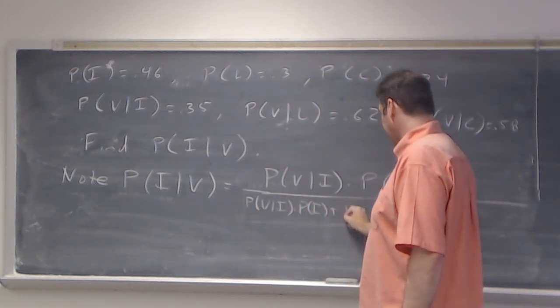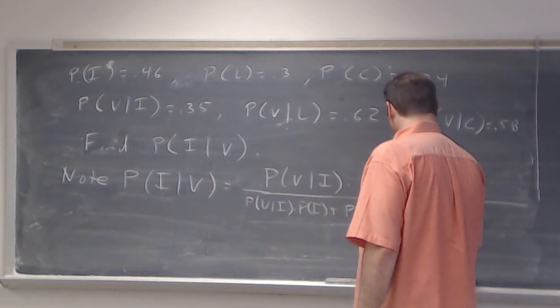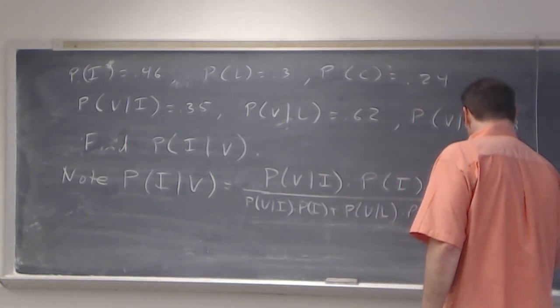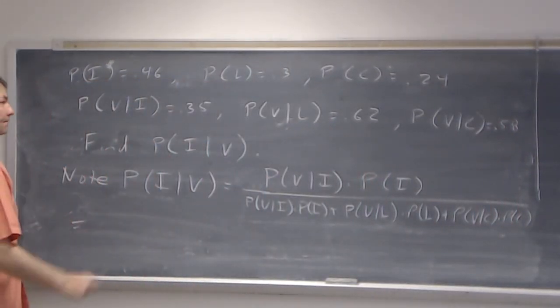And so at the bottom, I have the probability that you voted given liberal, times the probability of liberal, plus the probability that you voted given conservative, times the probability of conservative. These are numbers that we have, so I can just plug them in.